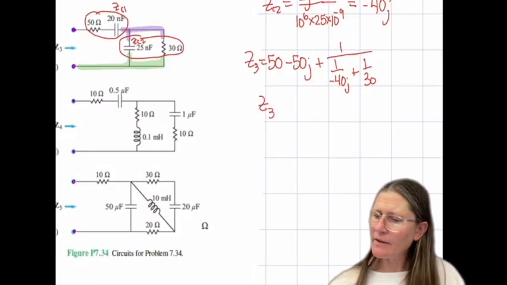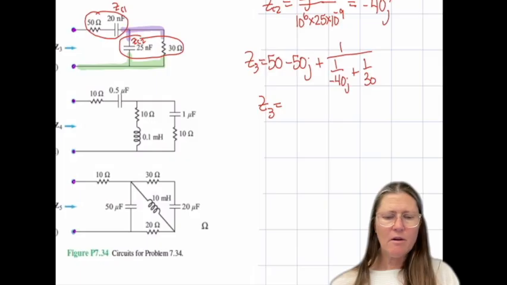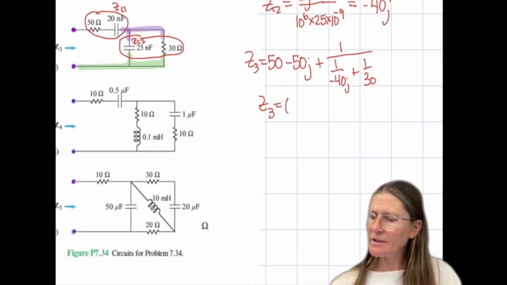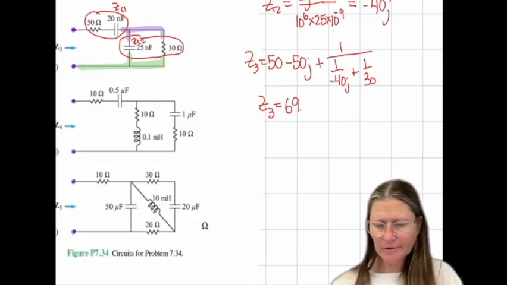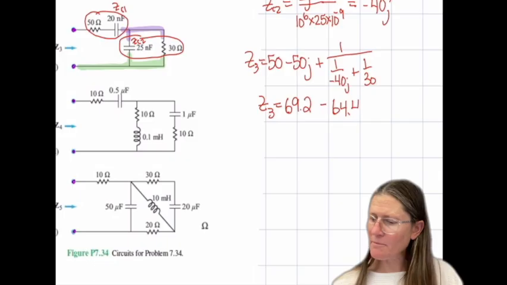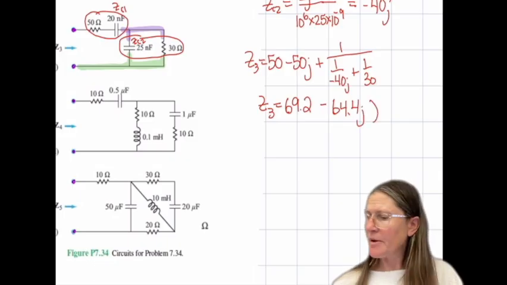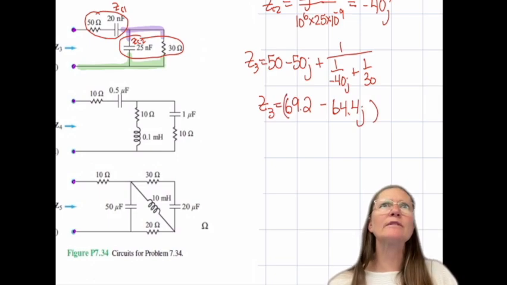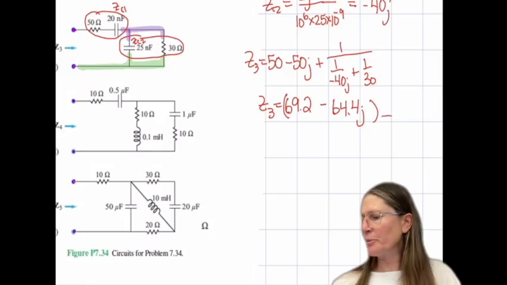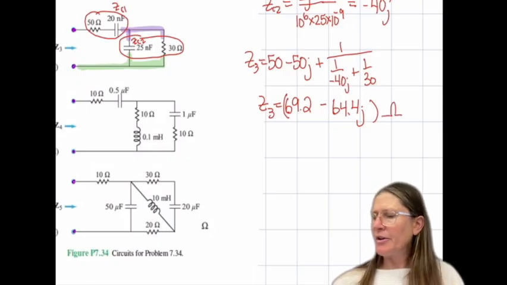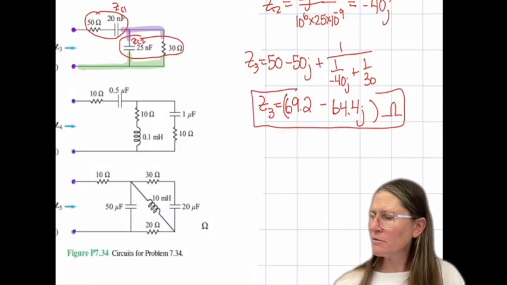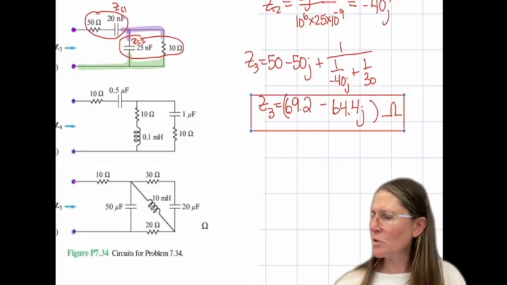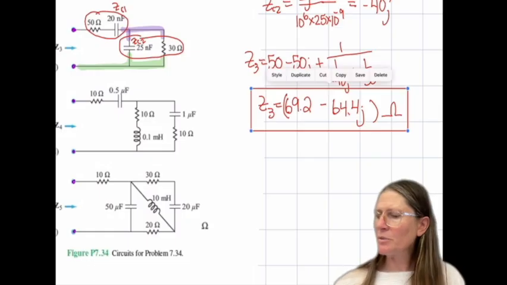And then this ends up being 69.2 minus 64.4j. And again, even though we have complex, what are the units here? Ohms, correct. So this will be my rectangular form for Z3.